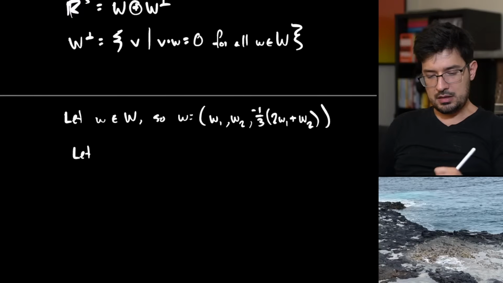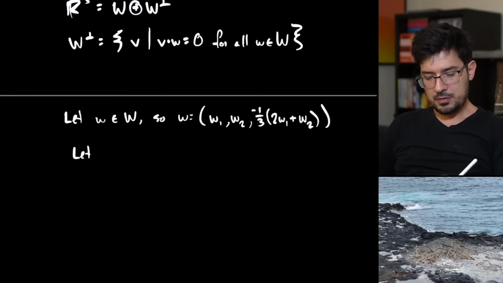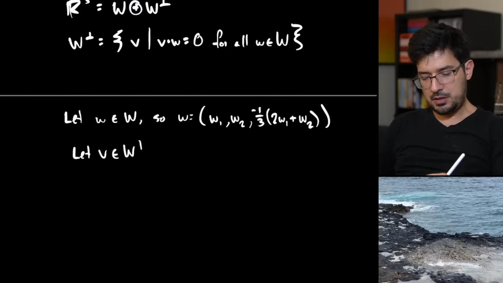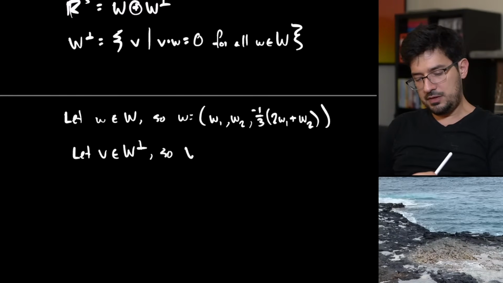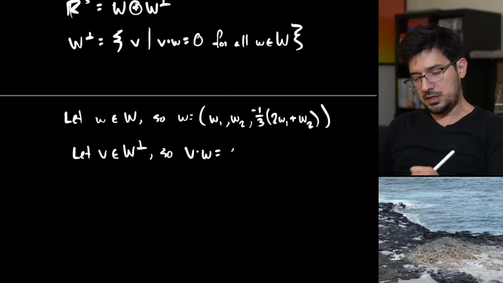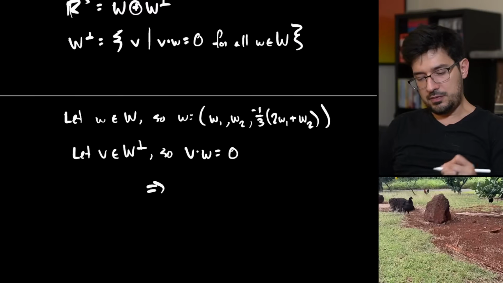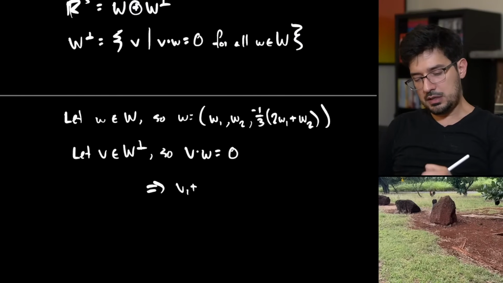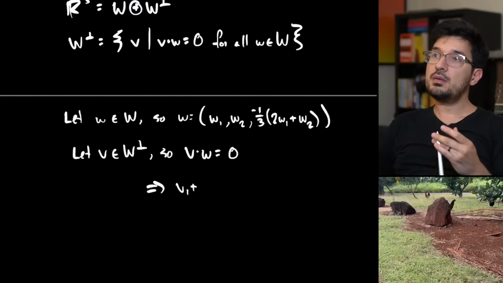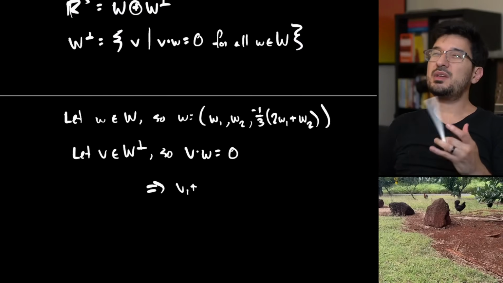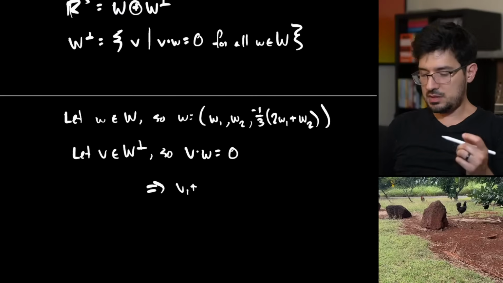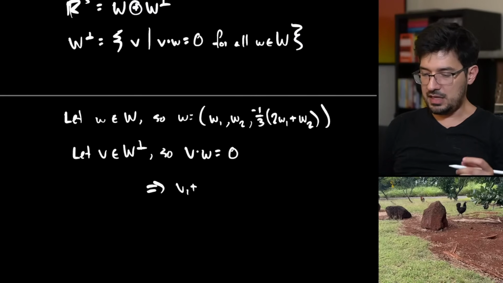Then let V be in W perp, so V dot W equals 0. Therefore, V1 plus, well, you know what? I know exactly what V is.